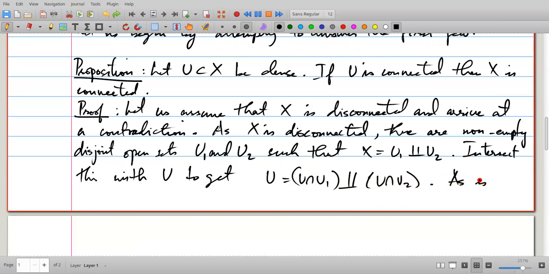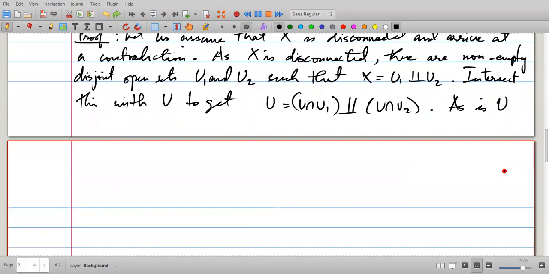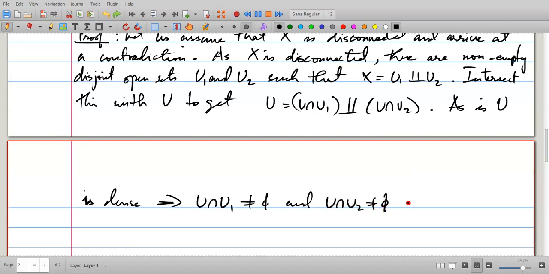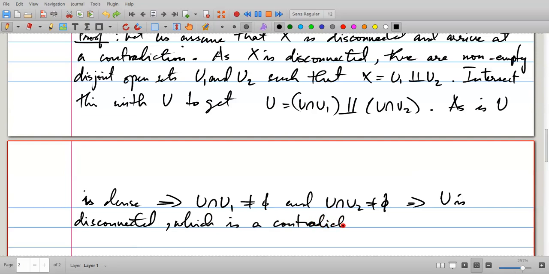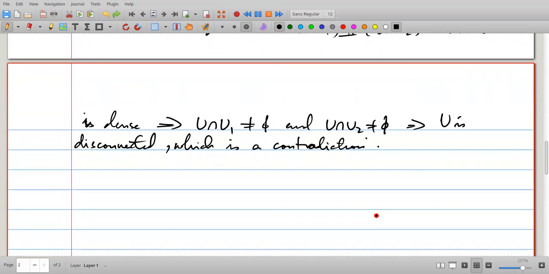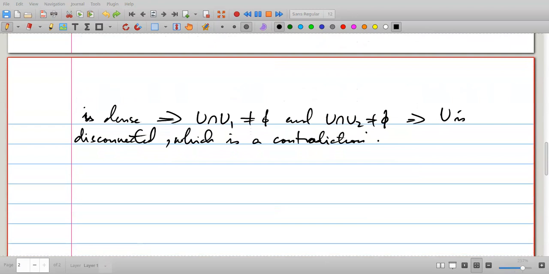So as U is dense, this implies U intersection U1 is non-empty and U intersection U2 is non-empty. So this implies that U is disconnected, which is a contradiction. So this proves the proposition.